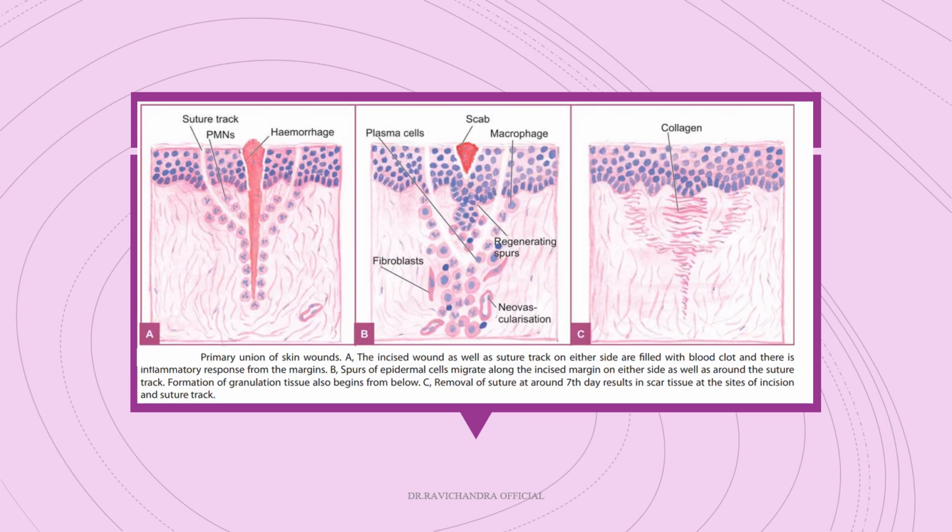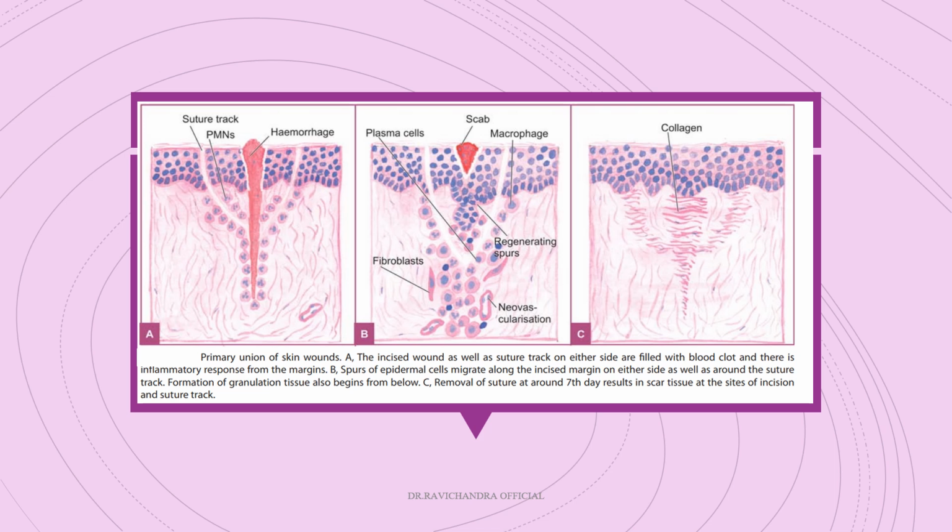In the picture, you can observe the diagram A, the incised wound as well as the suture tract on either side are filled with blood clot, and there is an inflammatory response from the margins.